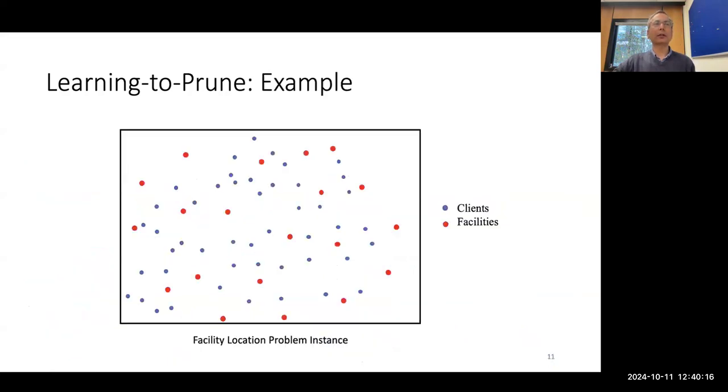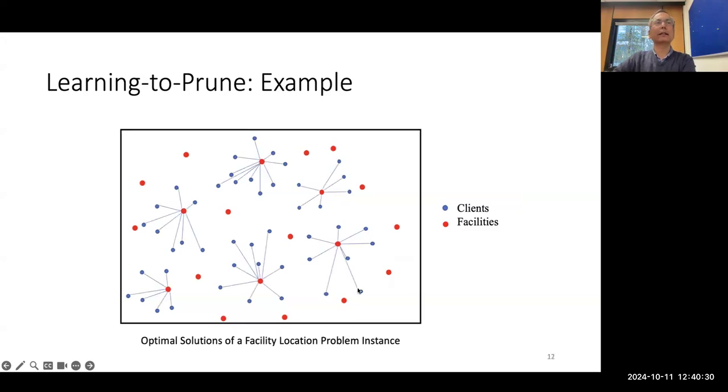Just to illustrate it a bit more clearly, this is a facility location problem instance. So the red points here correspond to facilities, and the blue things here correspond to the clients. This is now my optimal solution for this problem.